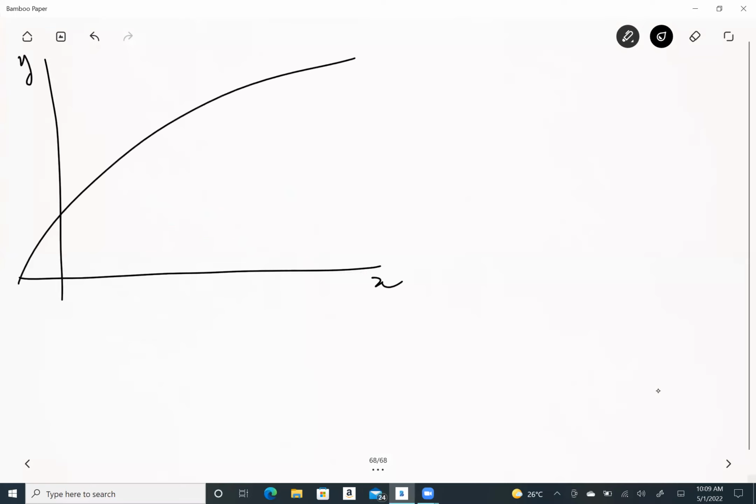Okay, so let's look at another example. Now I have something like this. This is f of x, and that is g of x. Let's say I want to find this.